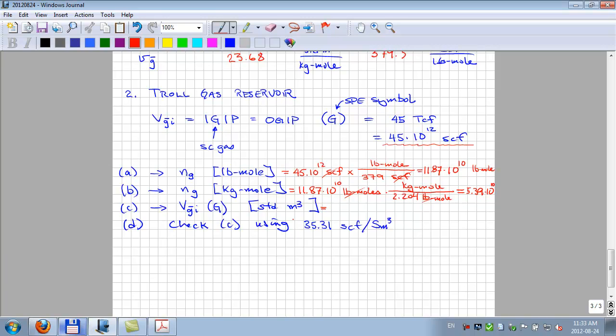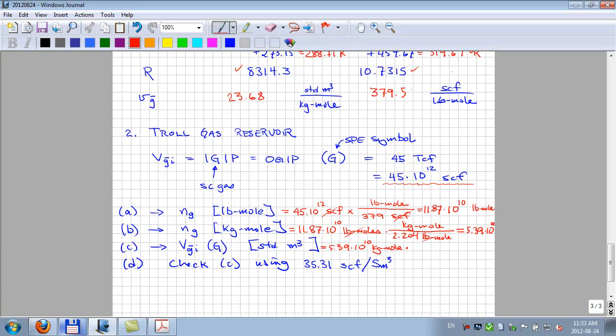Okay? And then we can take that number and convert to standard cubic meters by using this other number, 23.68, which converts from kilogram moles to standard cubic meters.